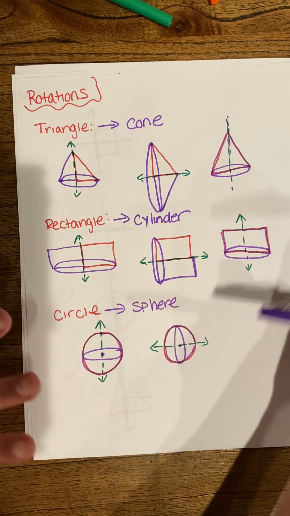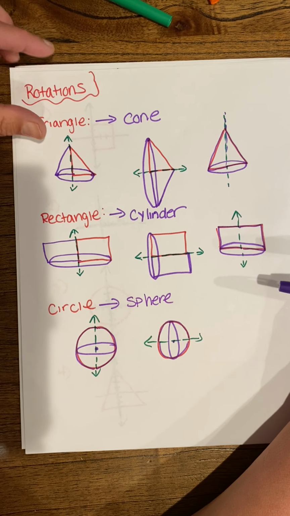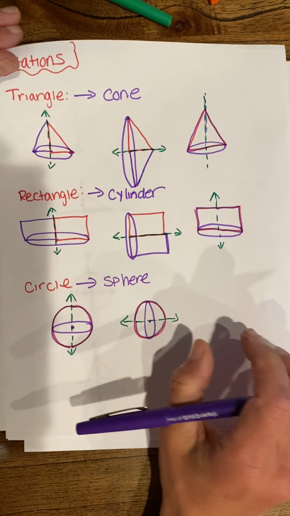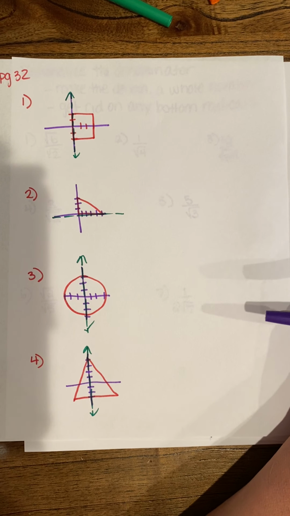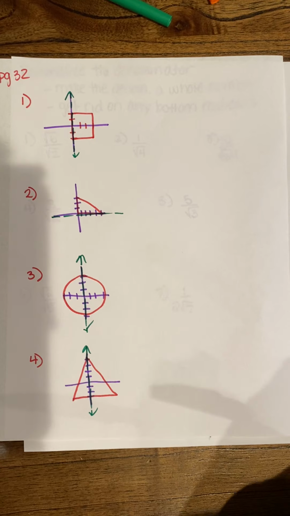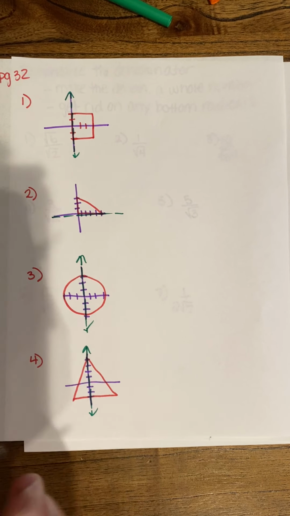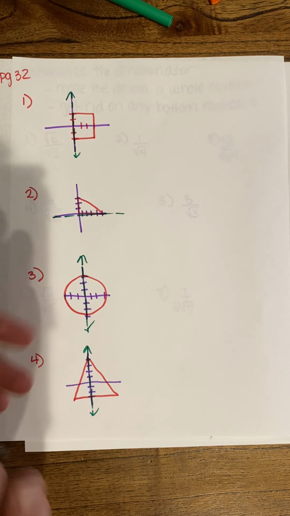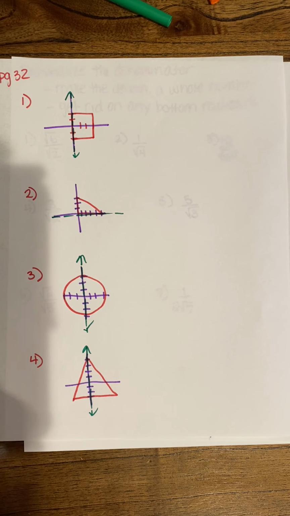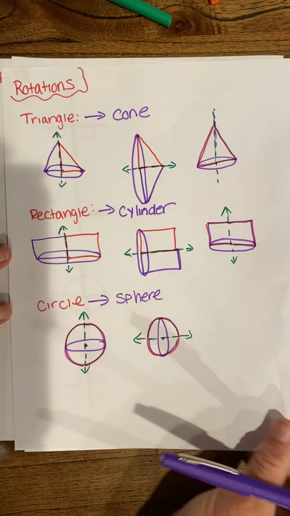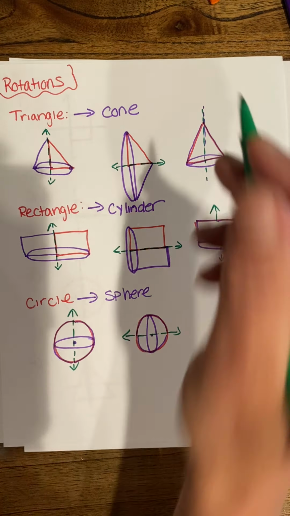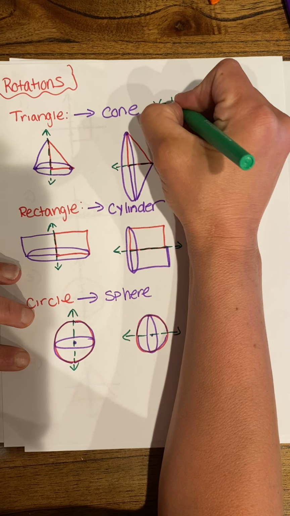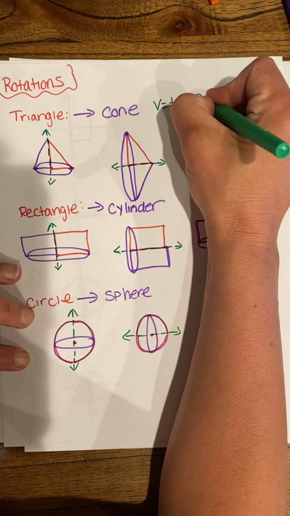The questions that ask that are on the PDF page 32. What they do is put these shapes, rectangles, circles, and triangles, on an axis. Then they can ask you not only what shape you get, but what's the volume of the resulting shape, which is fine because we already know the volume of a cone, 1/3 pi r squared h.